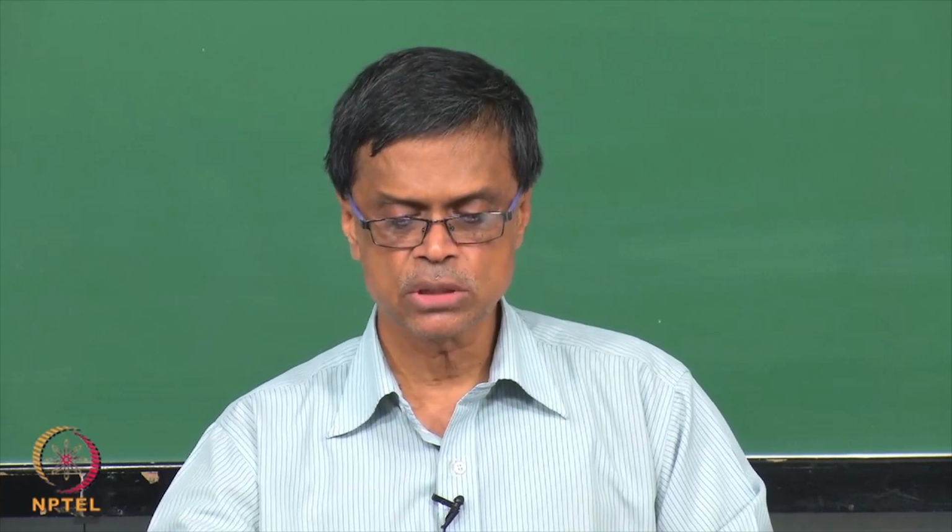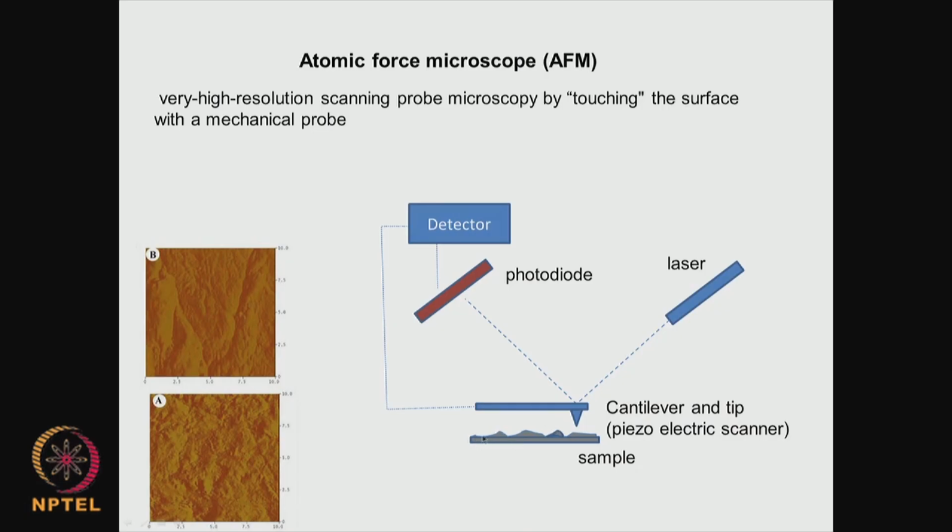It measures the changes in surface roughness, for example, of a cantilever that moves on the surface of the material. So, it is more like scanning probe microscopy. It is a cantilever probe which travels on the surface, and the changes in its height due to the roughness are measured through a detector, and that picture is shown. That is what an atomic force microscope is.